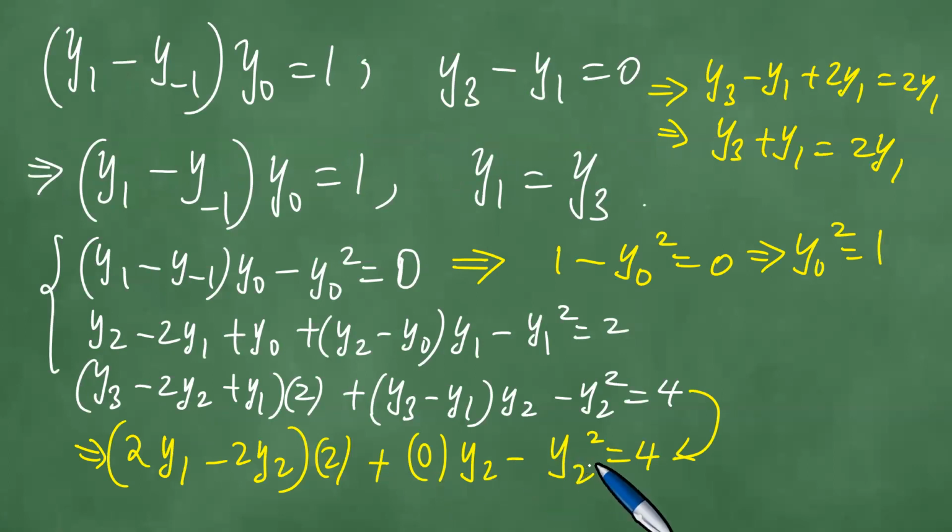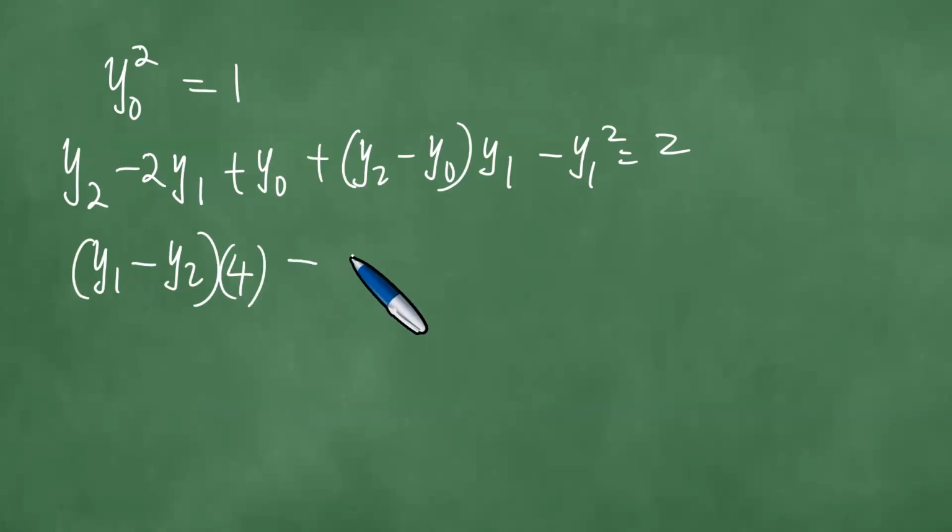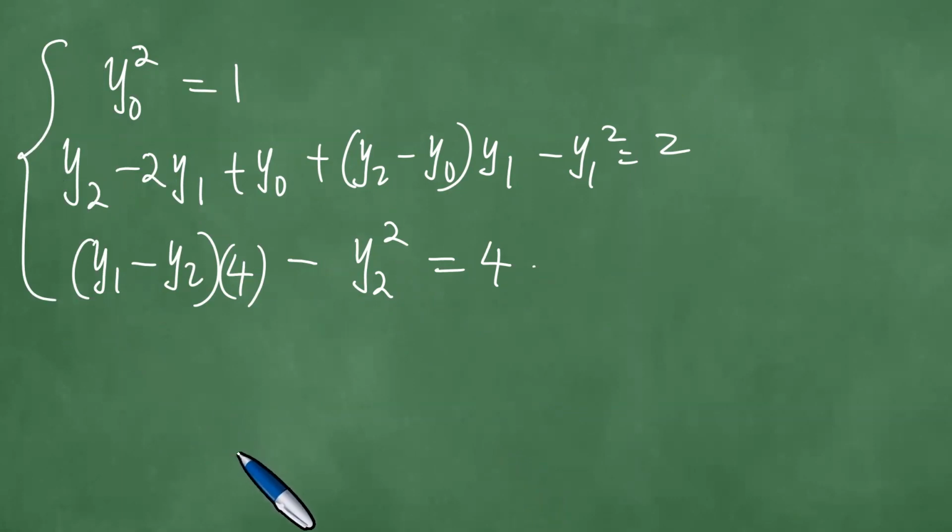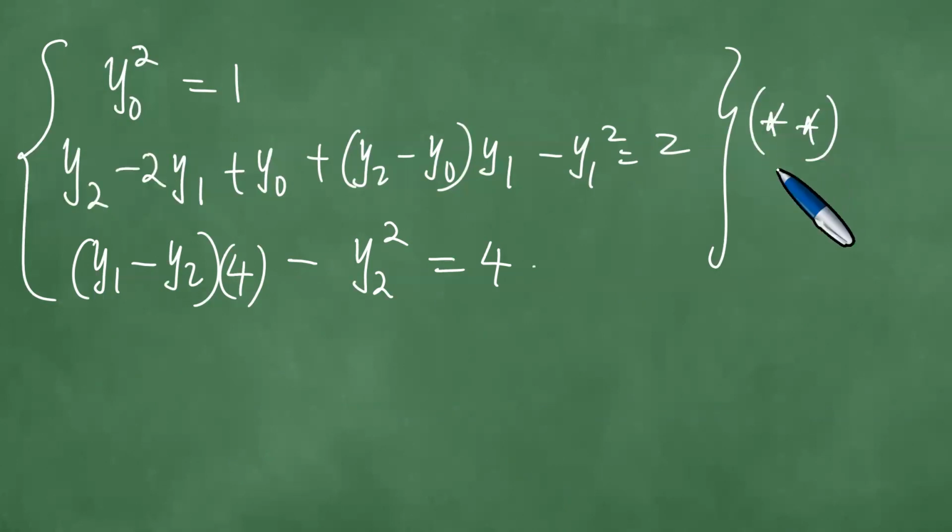Then this is 0 minus y2 squared, like so. This system, you can call it double asterisk.